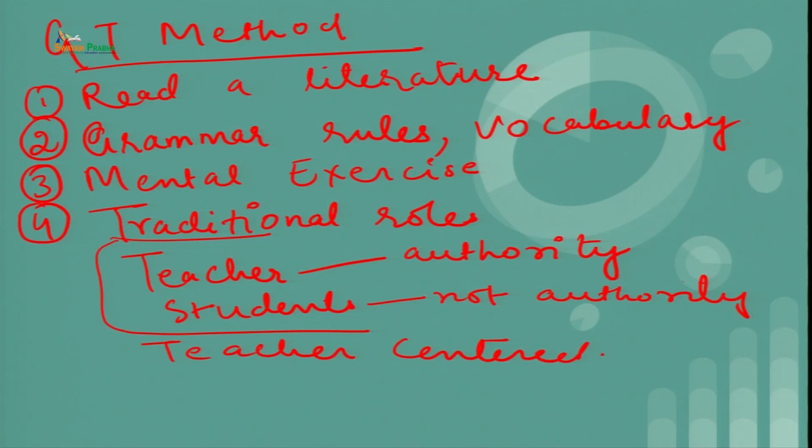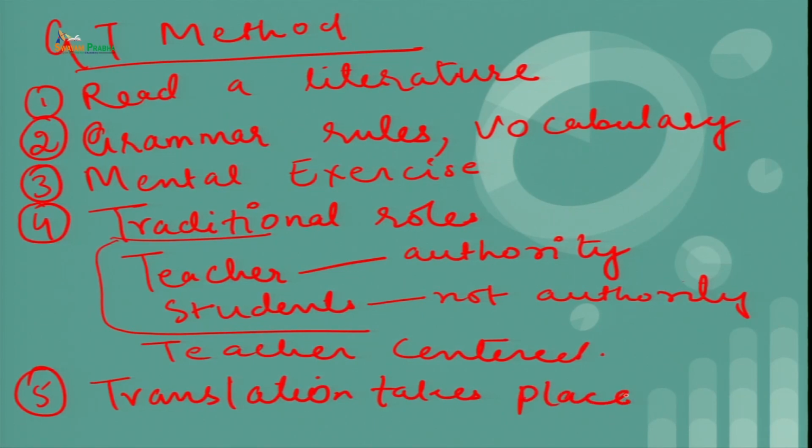Now the next question is, what are some characteristics of the teaching and learning process? So characteristics include that translation takes place, and they translate a text from the target language to the native language, and in the same way the native language is being translated into the target language.